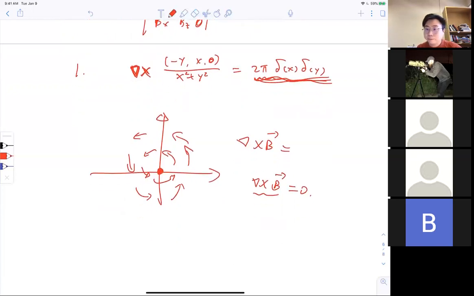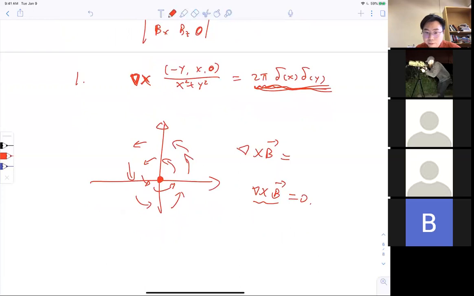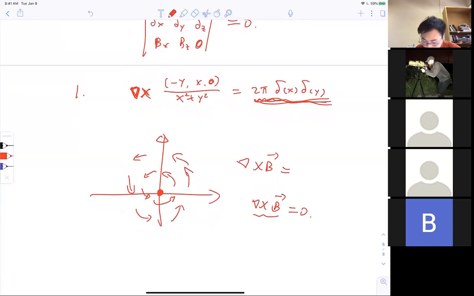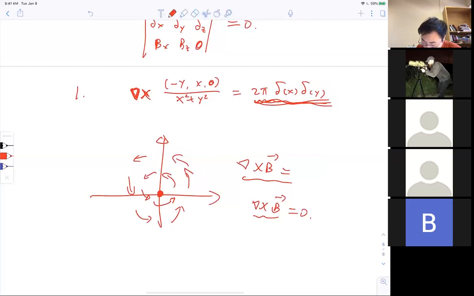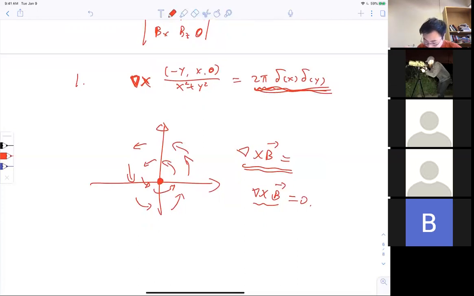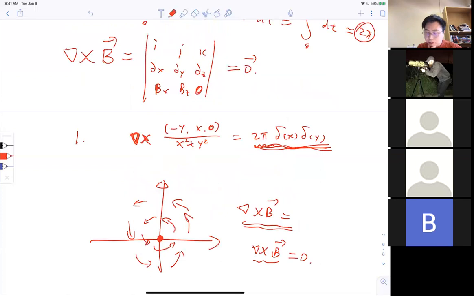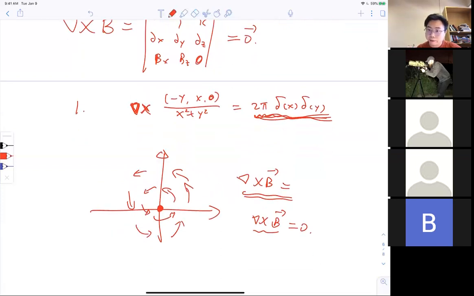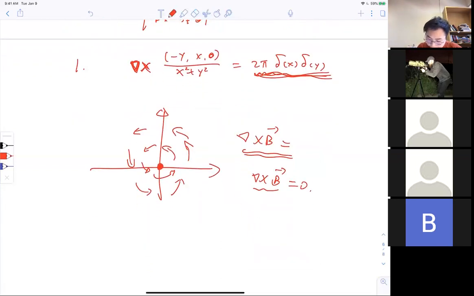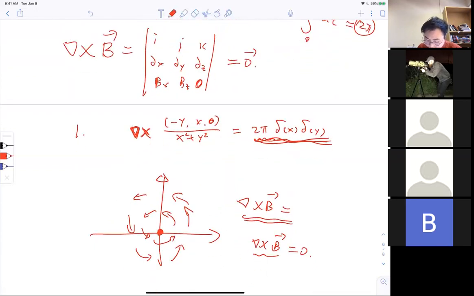Just a quick question. I don't understand why the curl calculation gives the picture outside of the singular point, not inside. Okay, that reason is very tricky. The curl calculation depends on derivatives, and a derivative is well defined only if there's no singularity.